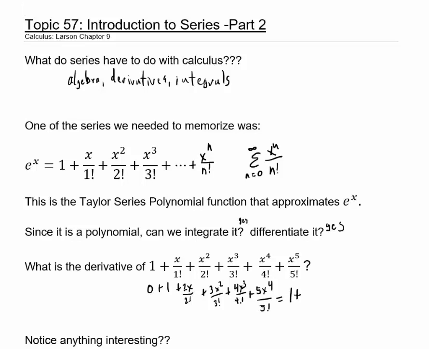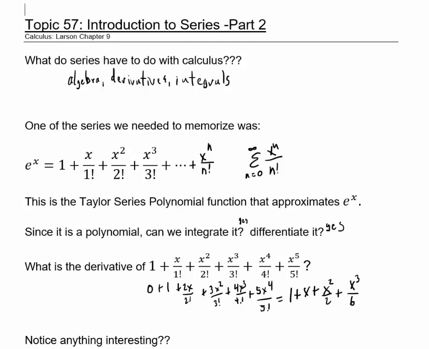Now if I simplify that, I don't have to write 0, so I'll just start with 1 plus, well, 2 factorial is 2 times 1, which is 2, and that would cancel that 2 out, so it just gives you x. Then 3 factorial is 6, because it's 3 times 2 times 1, and 3 over 6 gives you 1 over 2, so that would be x squared over 2. And 4 factorial is 4 times 3 times 2 times 1, which is 24, and 4 over 24 gives you 1/6, so x to the third over 6.